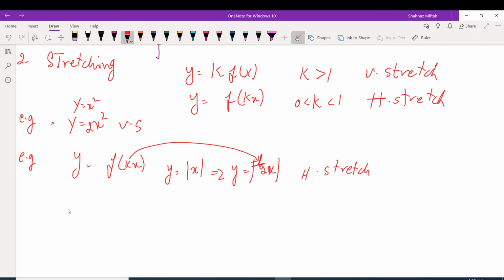Okay, let's talk about compression. The third one is compression. I have, for example, the rule y equal f of x.